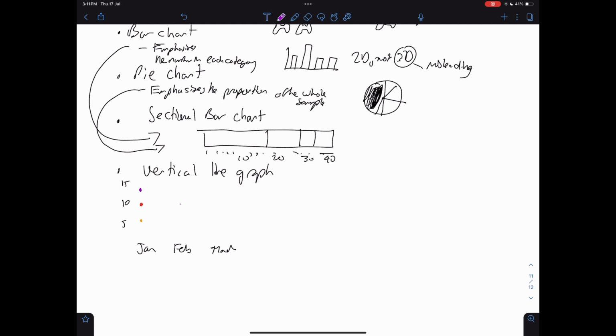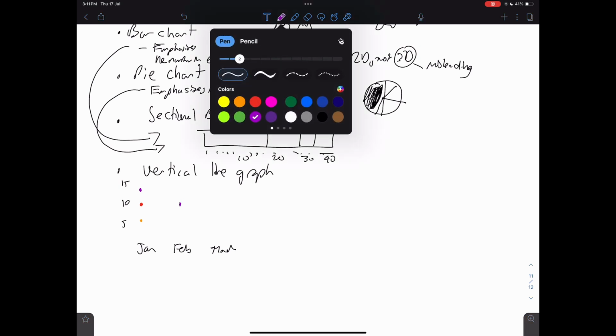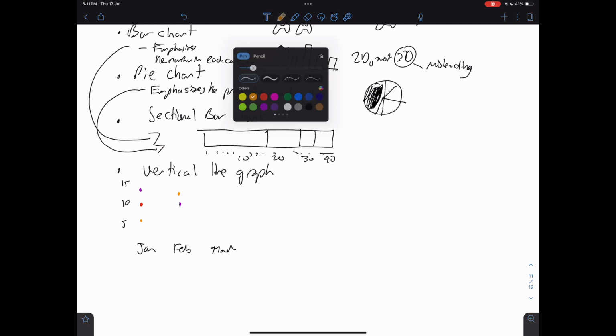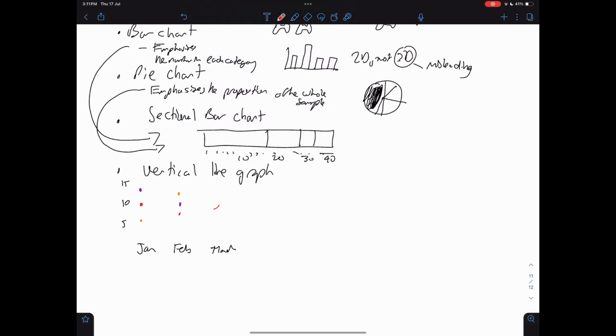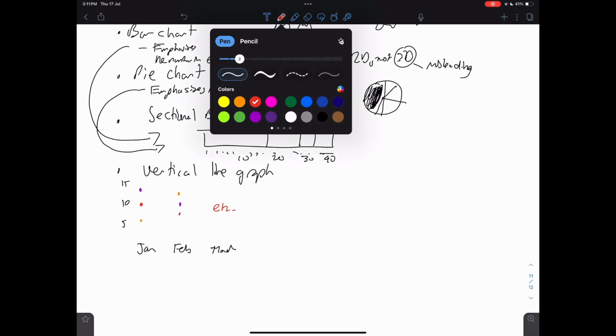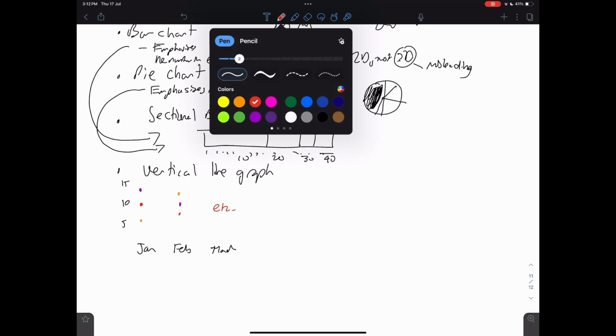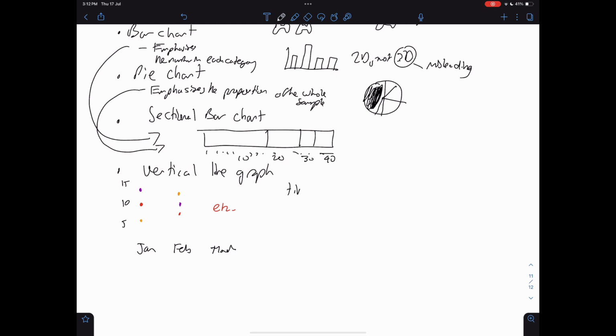And then it could show change over time. Etc. And you could also then join them together to make a proper line chart. And this is what we call time series data. It measures and counts stuff over time.